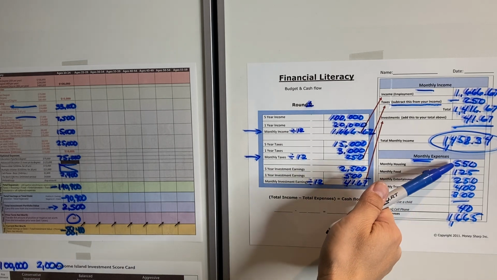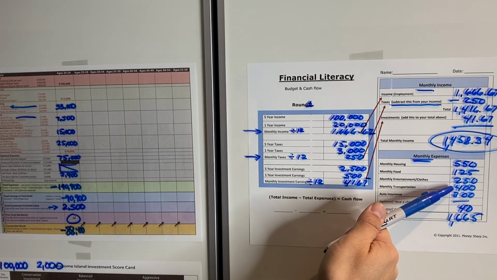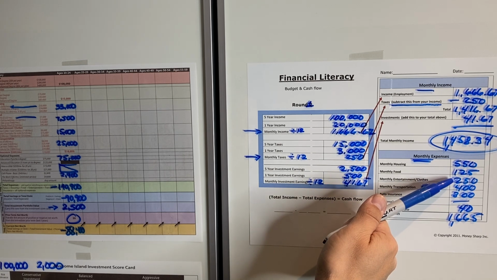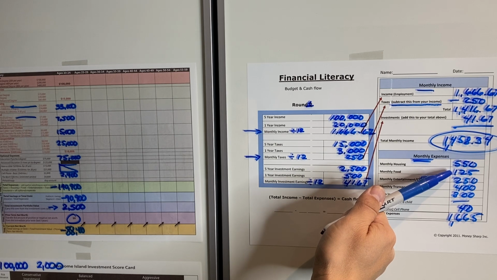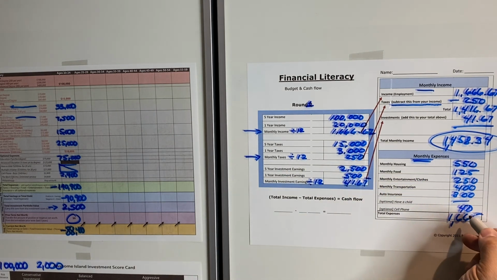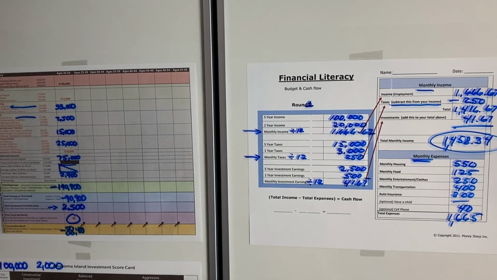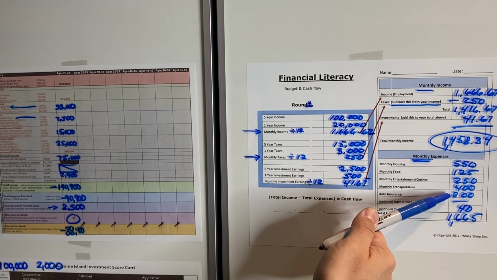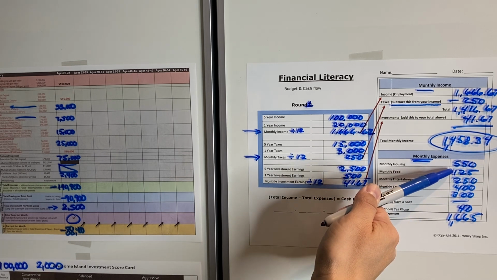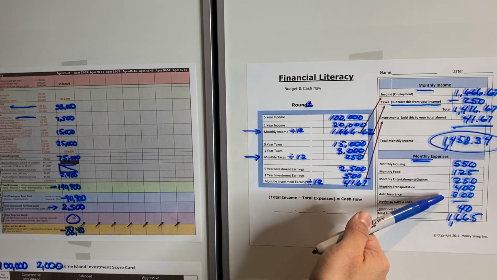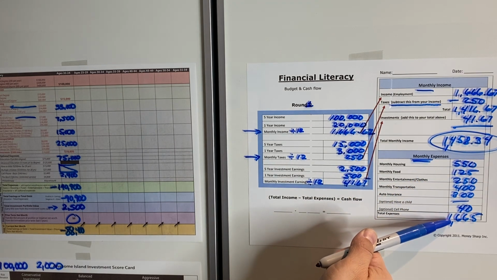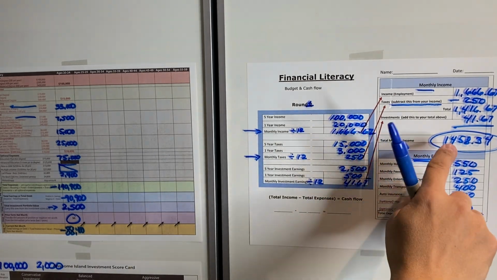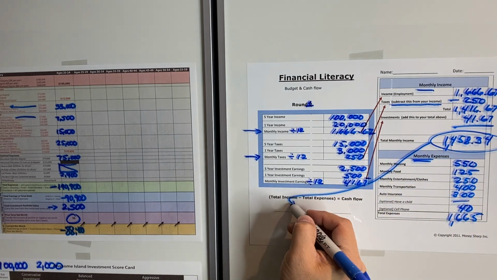Let's double check our math. 550 plus 250 takes us to 800, plus 3 is 11, plus 4 is 15, plus 125 is 1,625, plus 40 is 1,665. There we go.